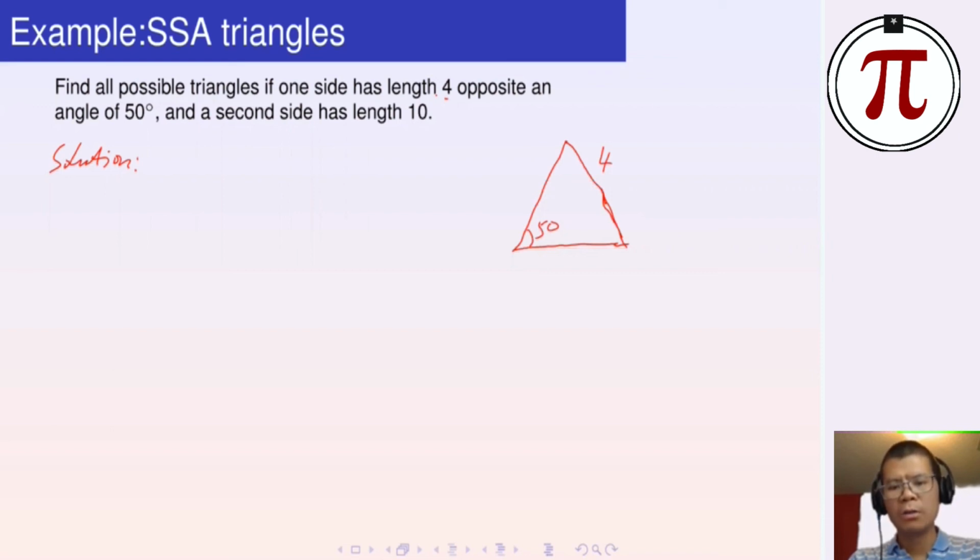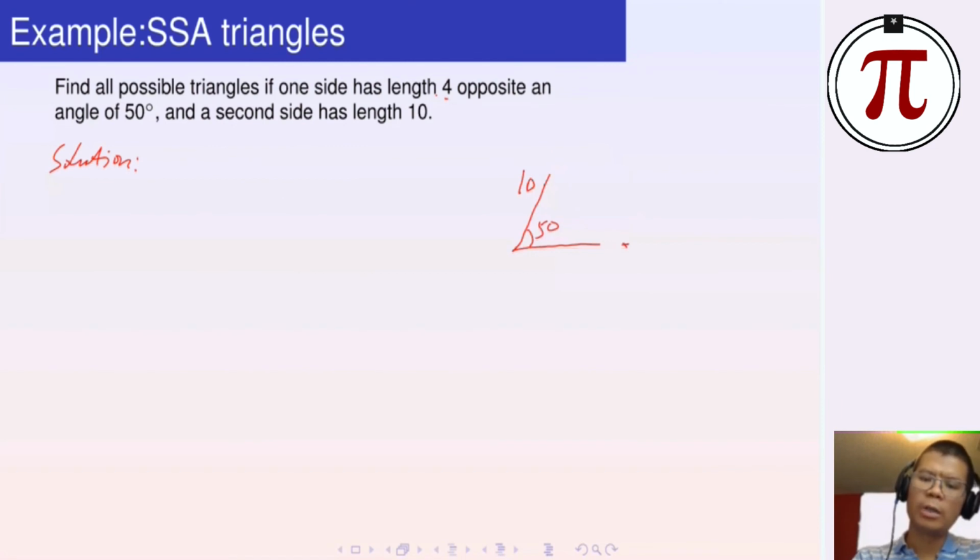So 10 is going to be the adjacent side. The opposite side is 4, the adjacent side is 10. Let's do this first without the opposite side.